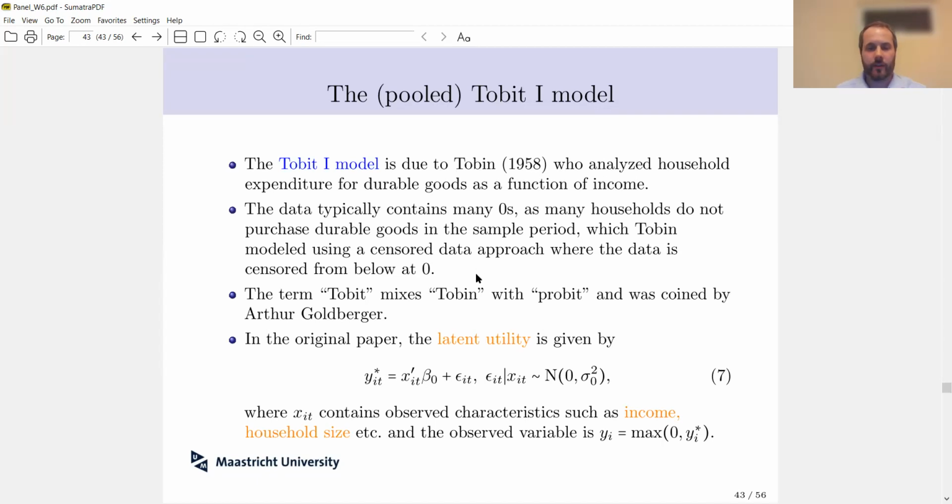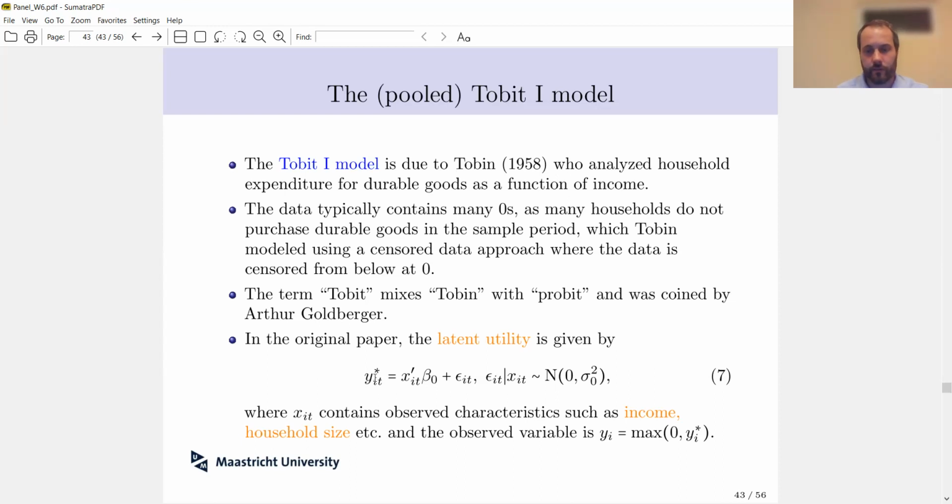Now, this can be thought of as some sort of censoring, because maybe there is actually some sort of latent utility model going on in the background. This is the utility for purchasing a new car, and X contains variables such as the income or the household size. You're only observing whether a household buys a new car or does not.